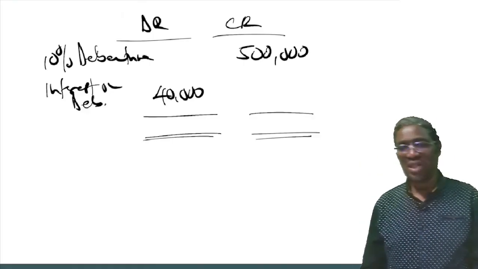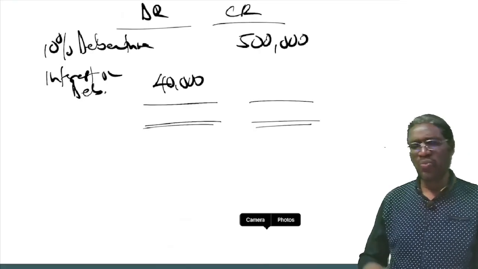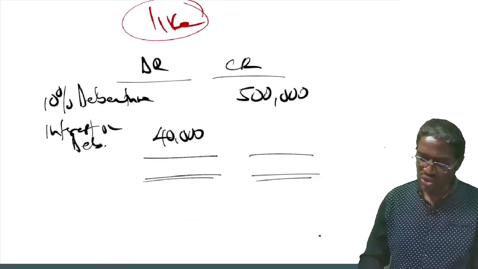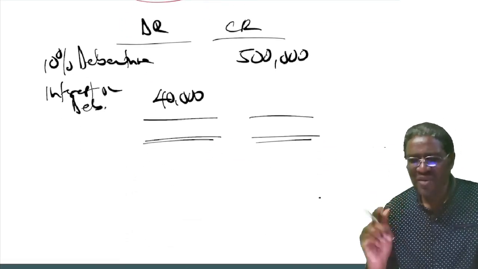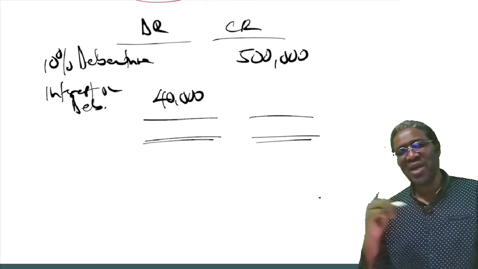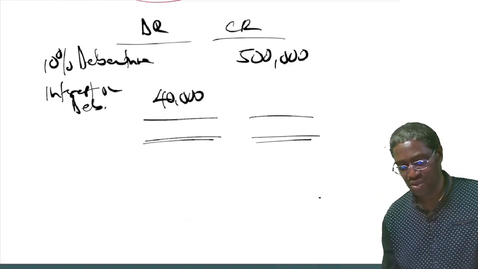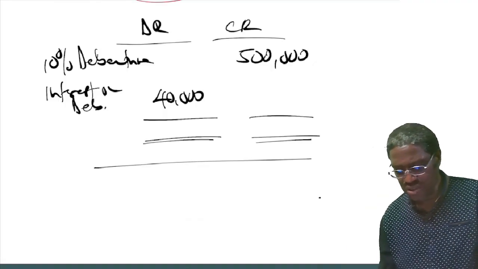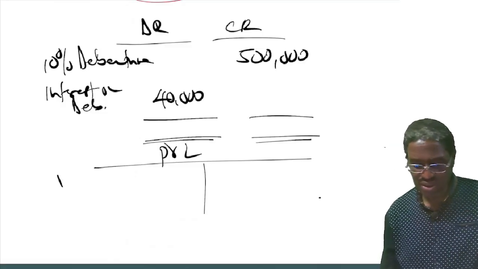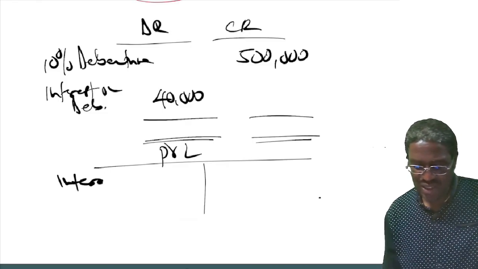Then the examiner could ask you to prepare an income statement. Now, the question is this. Whenever you are given a trial balance of this nature, and the examiner asks you to prepare an income statement of profit or loss, how much were you charging to the P&L account as interest?